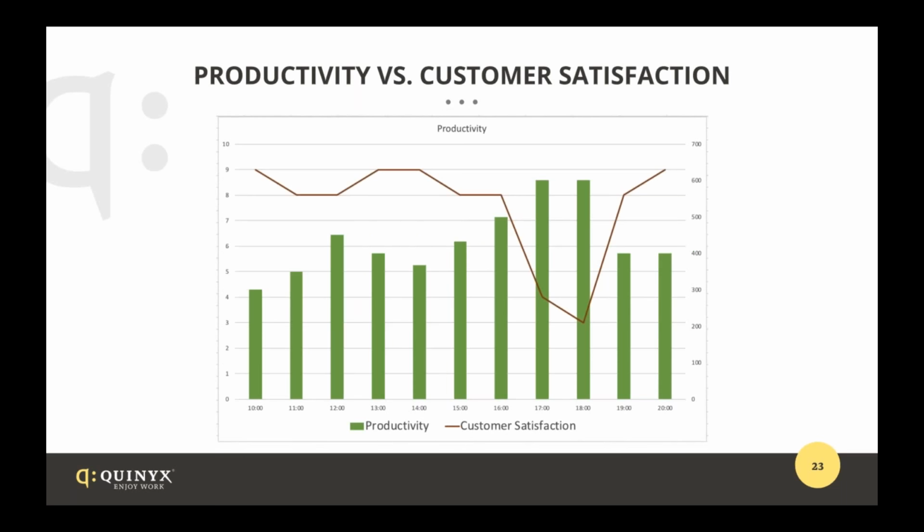But if we add the dimension of customer satisfaction, you can see that the productivity was high, but it obviously had an effect on the customer satisfaction during these hours. So a quick analysis of this would be that we were understaffed. So it took too long to serve the customers, to help them.